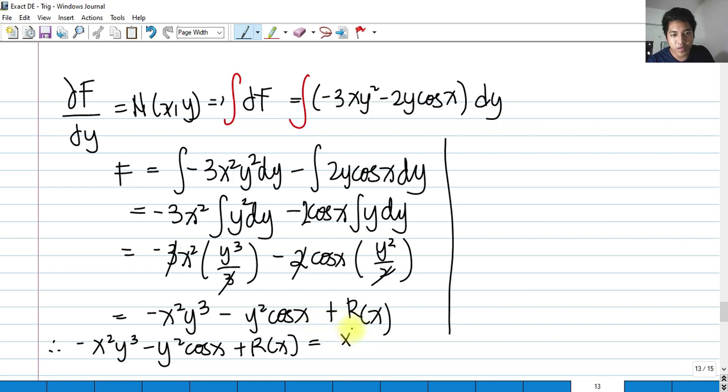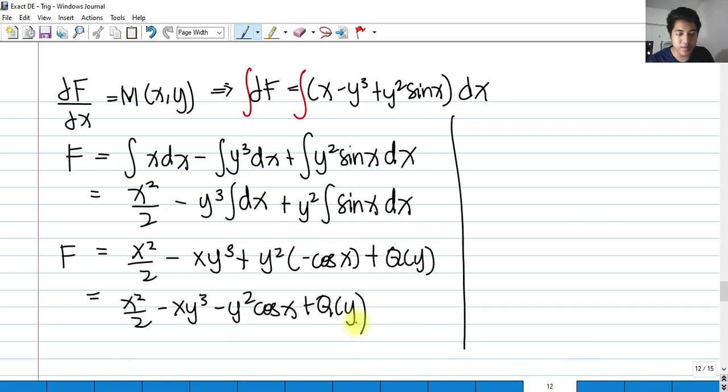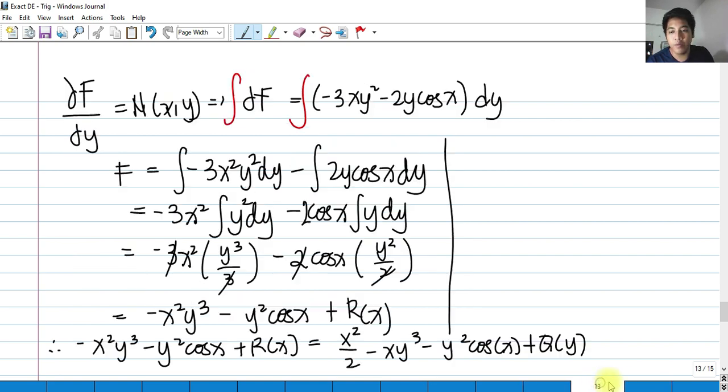We have x squared over 2 minus xy cubed minus y squared cosine of x plus q of y, if I'm not mistaken. Okay, let's check. Minus y squared. Okay, we are correct.